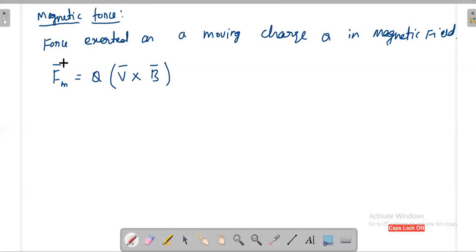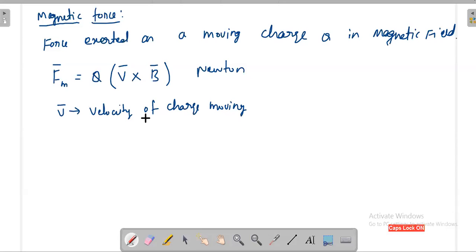Again, force unit is Newton. V means the velocity of the charge moving, in meters per second. V vector also gives you the direction in which the charge is moving.